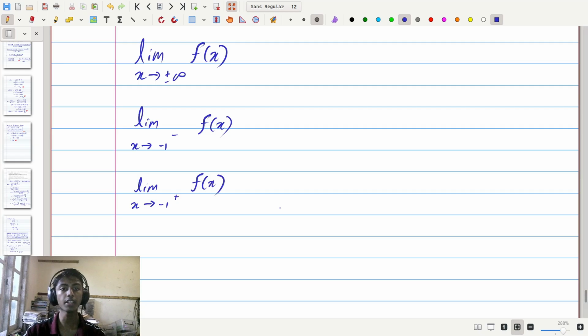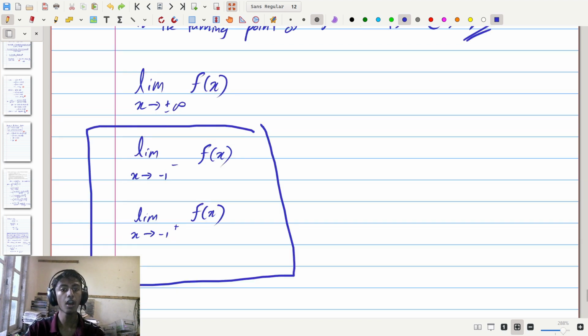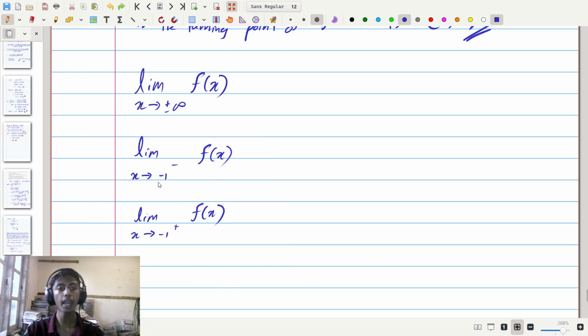Now the first limit here, the limit as x approaches infinity, is going to give me the horizontal asymptote. On the other hand, these two limits here are going to give me information on the single vertical asymptote at the point x equals negative 1.